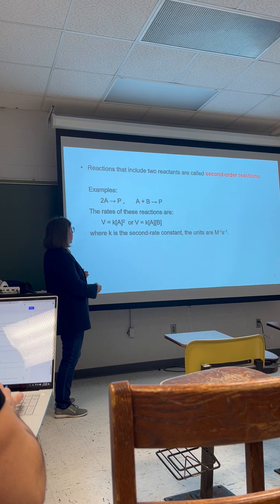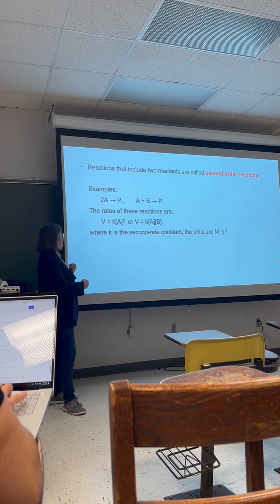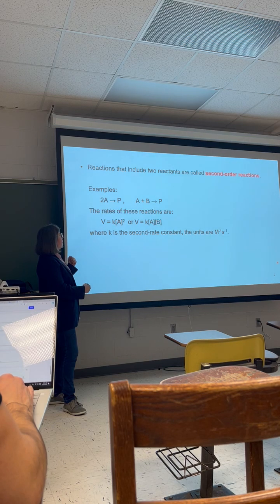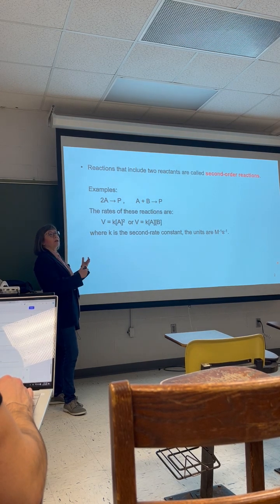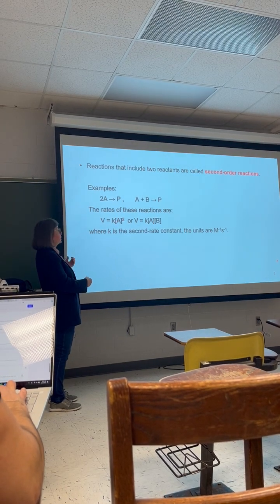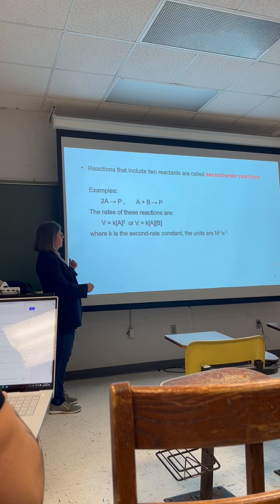Either way, this is a second order reaction, because if you write the velocity V, I would write again a rate constant k, but now I have two molecules, two substrates that react with each other, A and A, so A squared, or concentration of A times concentration of B.